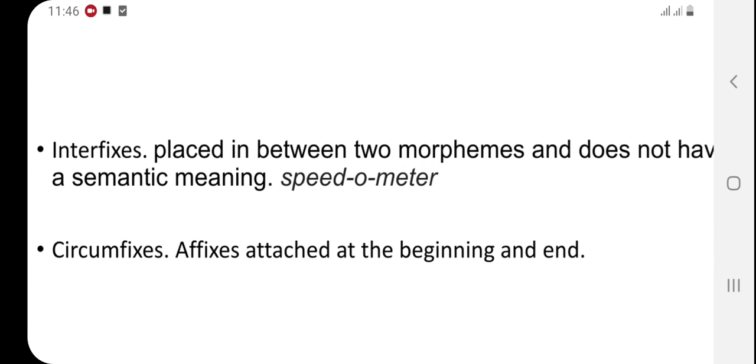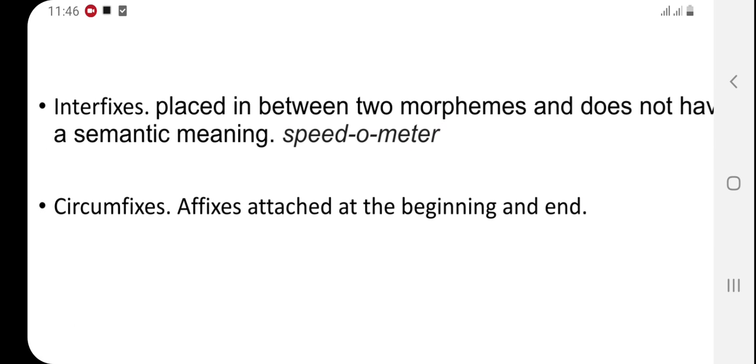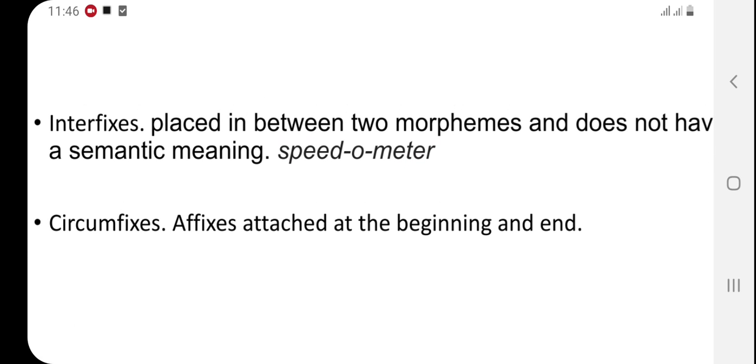Then we have interfixes, placed in between two morphemes and they do not have a semantic meaning. For example, speed and meter. To check the speed, we use speed and meter. So when o is attached between speed and meter, it becomes speedometer. So there are two words actually, speed and meter.